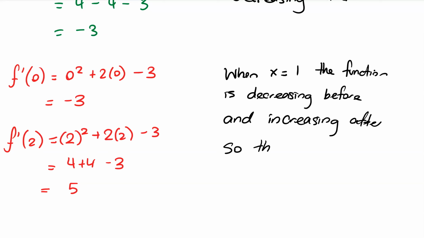So this is our minimum. So that's our minimum turning point. All right. So that's doing a gradient test. It is a bit of a lengthy process, but it's something you can do.